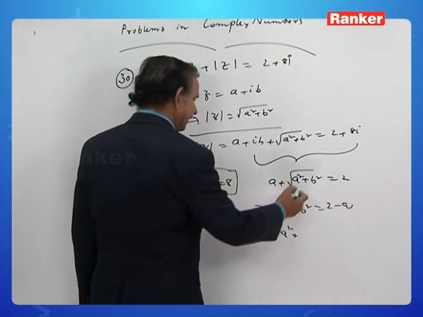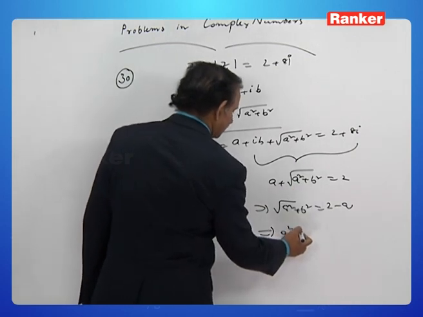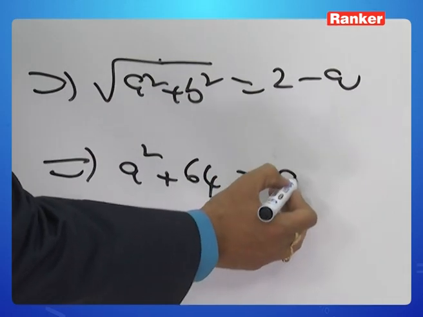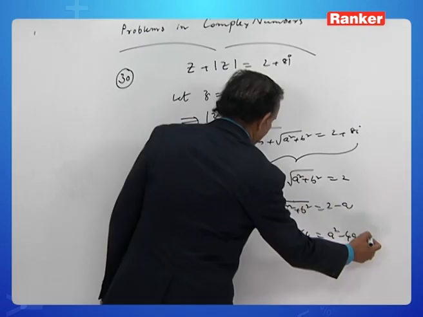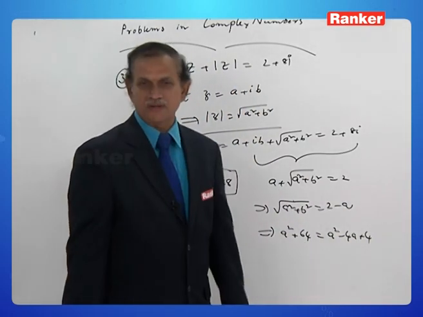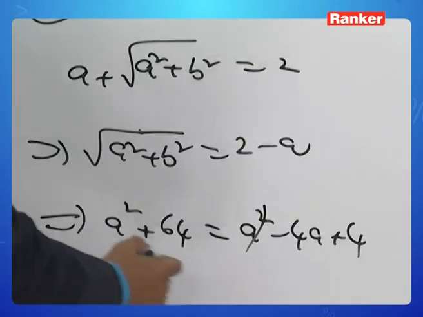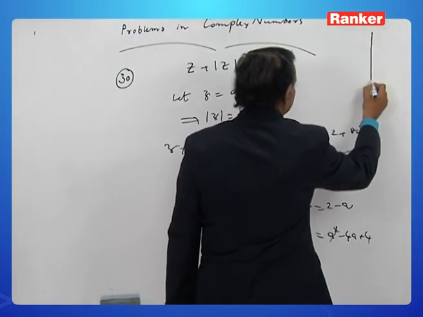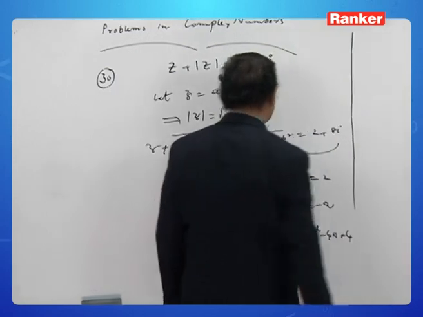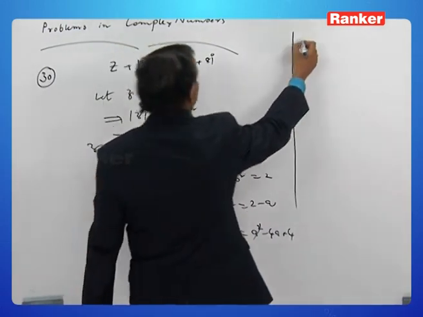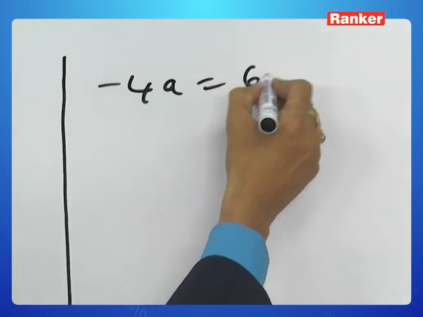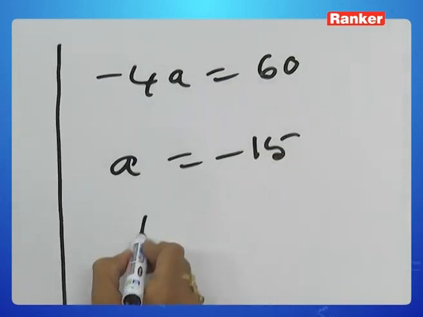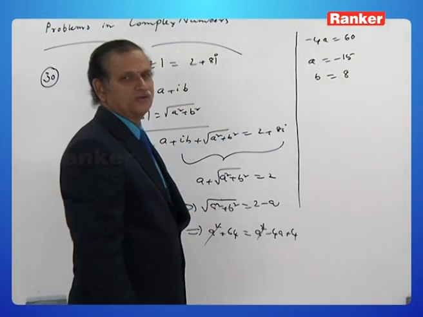What is b? 8. b square is 64. 64 is equal to 2 minus a whole square, a square minus 4a plus 4. a square and a square you can cancel. So what do you have? Therefore, minus 4a is equal to 60, from which you can directly have a is equal to minus 15. a is equal to minus 15 and b is equal to 8.